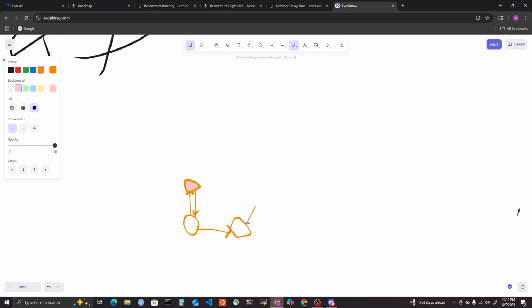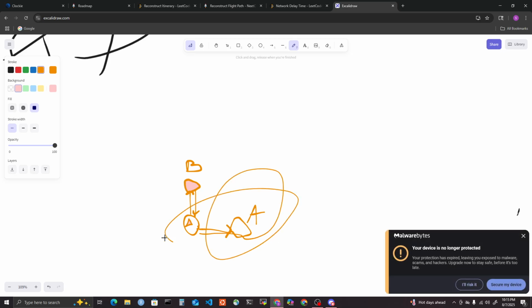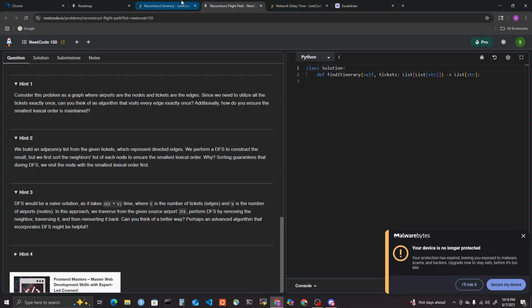So if this is an A, this is a B, and we are starting off here. If I go to this A, I just... Nah, I can't go anywhere. You know? So this can't be just greedy, unless the problem ensures that every single case does not have that problem. I don't think it would make sense for them to do that, though. So I'm doubting that's going to be the case.